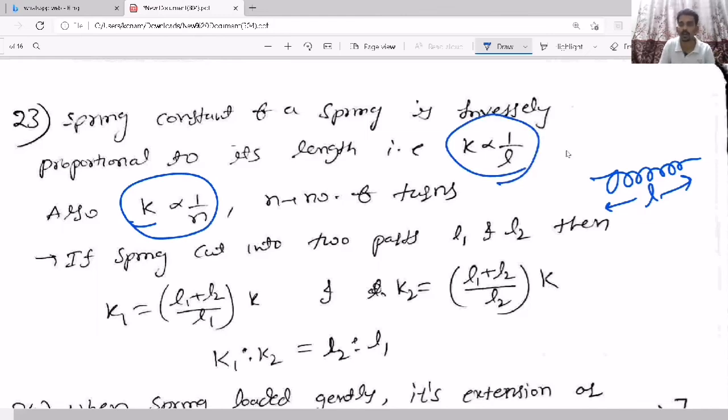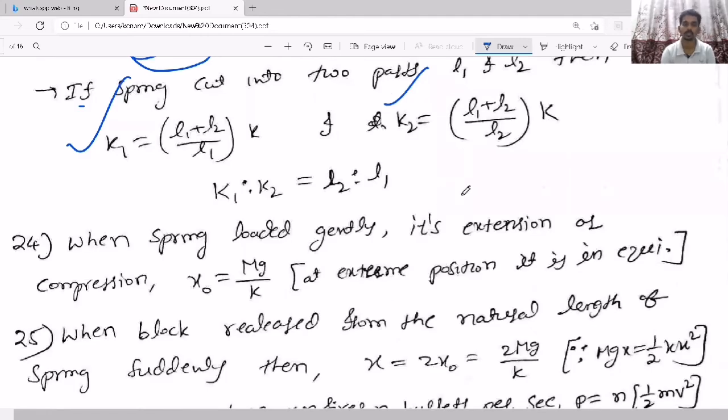When you cut it into two parts, length decreases, so the spring constant increases. And when you divide it into two parts, these are the new K1, K2, where the relation is given as shown. So please try to remember it.